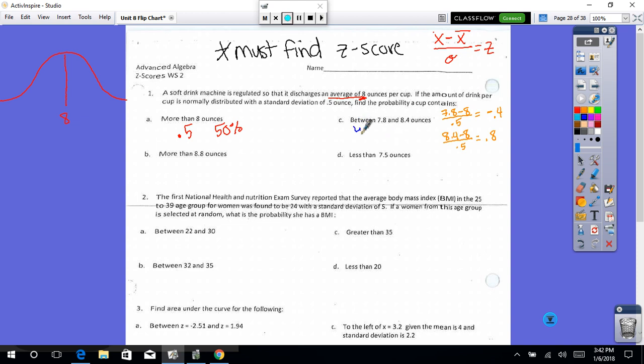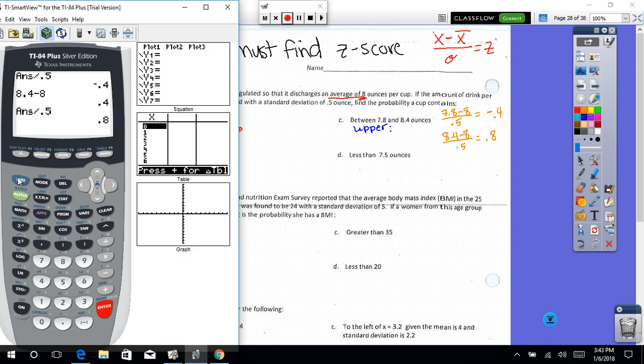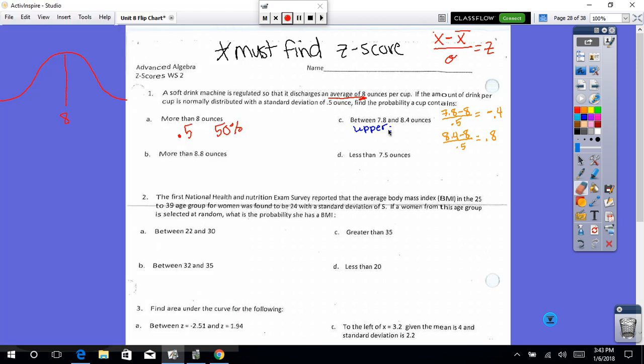Now we're going to go into our calculator, second VARS, option number 2. For my lower z-score, I'm going to use the negative 0.4.